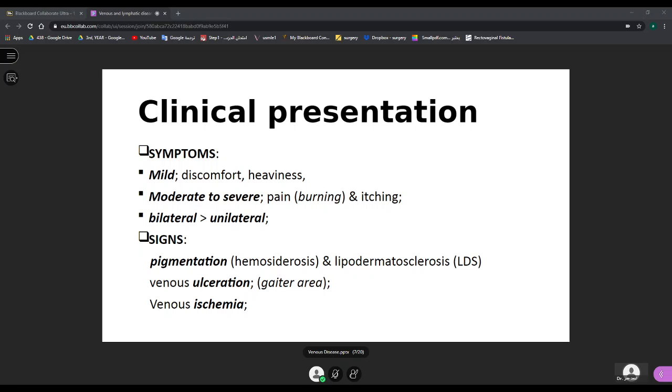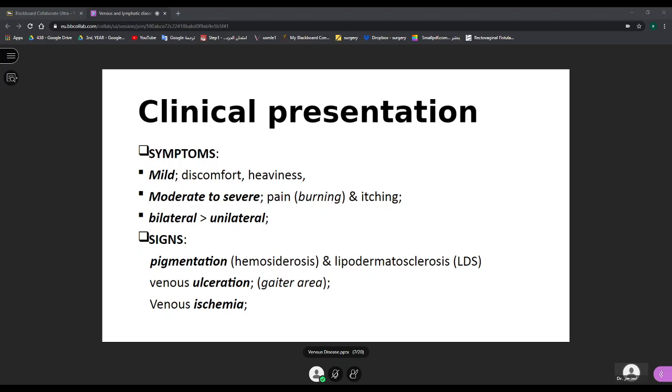So this iron will start to be deposited in the skin and subcutaneous tissues, in these varicose veins and around them, and this pigmentation secondary to iron deposition in tissues is known as hemosiderosis. So pigmentation is one of the classical features of varicose veins or venous disease in general.